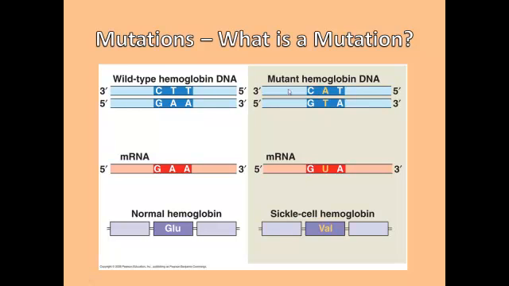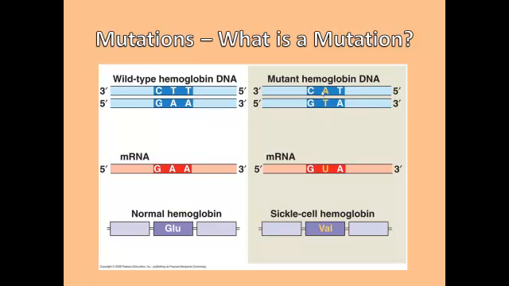In some alleles, a mutation or change has occurred in the first T that changes the T to an A. This results in a change from glutamine to valine. This results in hemoglobin that crystallizes when exposed to a lot of oxygen. This type of mutation, where one nucleotide is exchanged for another, is called a base pair substitution.